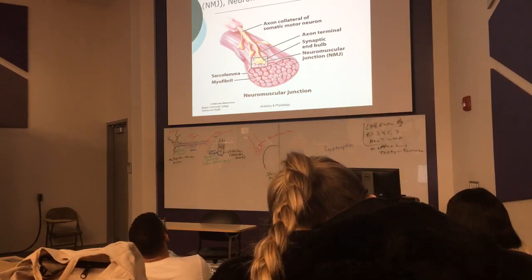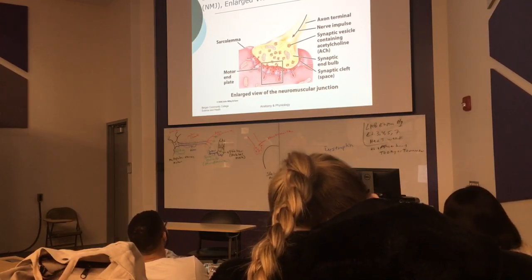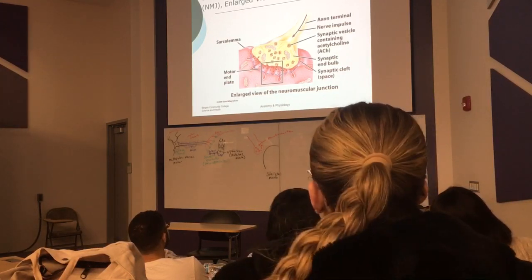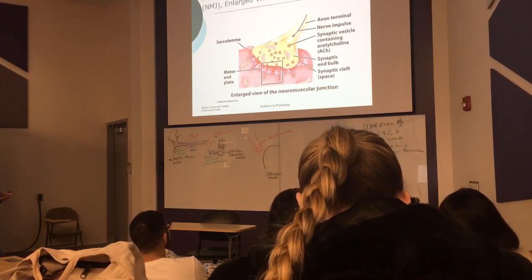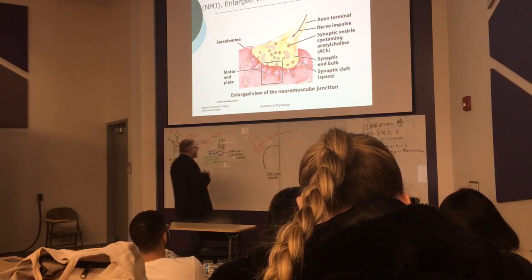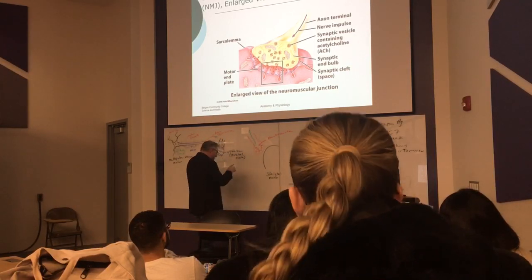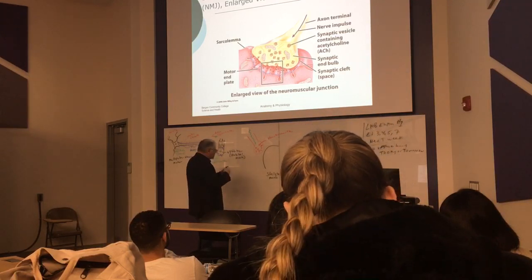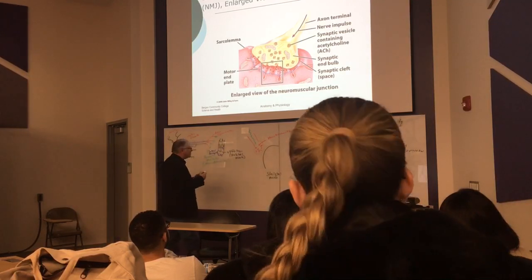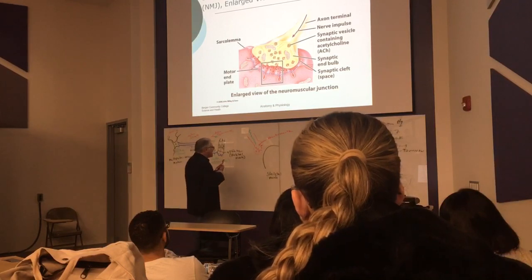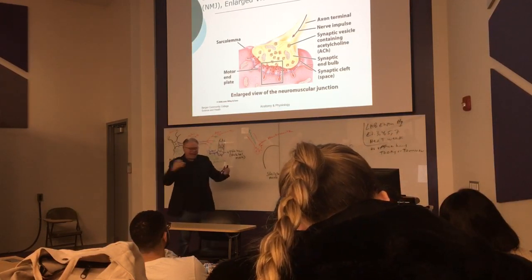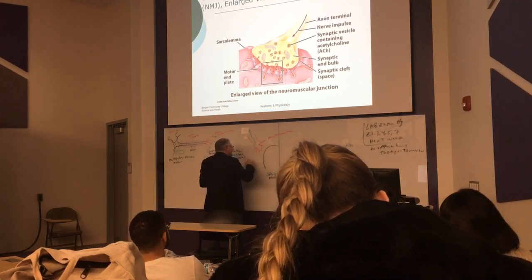So I'm going to blow this up a little bit more. These are my vesicles. So now what happens is I get an electrical impulse coming down here. And what's in these vesicles is that neurotransmitter. But I have to open up the vesicles. So what happens is we have to get a cation in here.